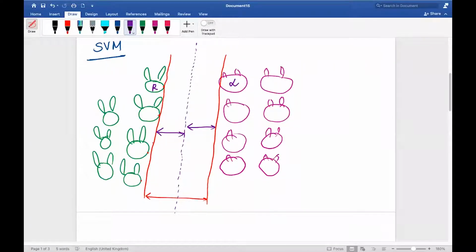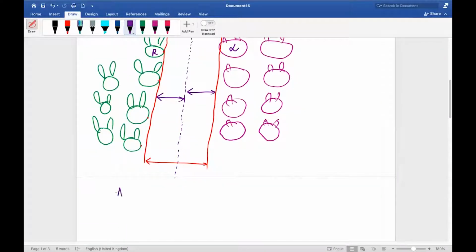Yes or no? Right. So for example, let me name these lines A, B, C. A and C are my support vectors.